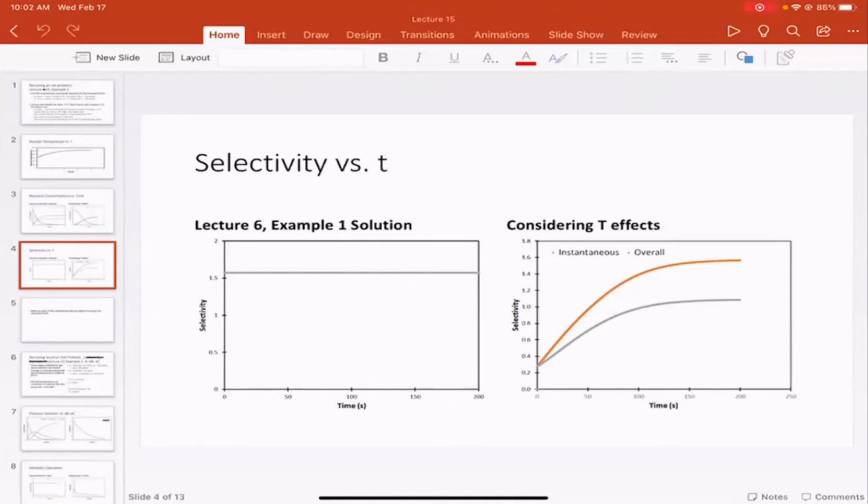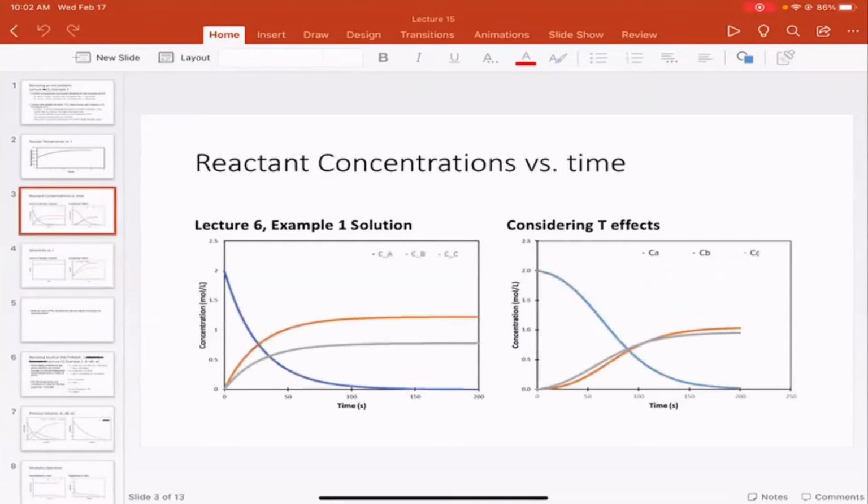That wasn't the case in lecture 6. Those two were equivalent to each other. And because of these lower temperatures that we're operating at the beginning, you can see that both the instantaneous and overall selectivity in our process are very, very poor, where B was our desired product. And you could have guessed that probably here just by looking at the concentrations.